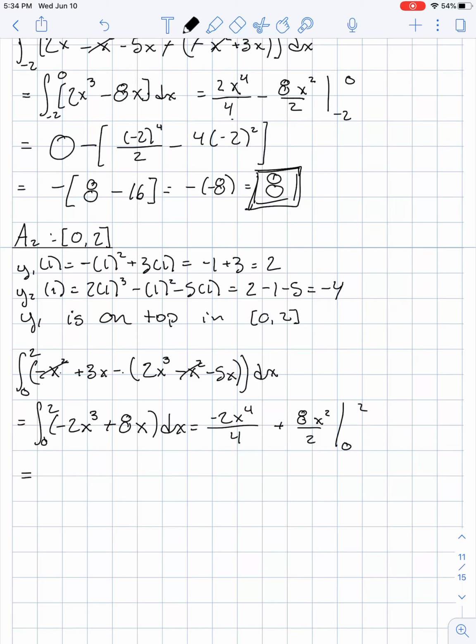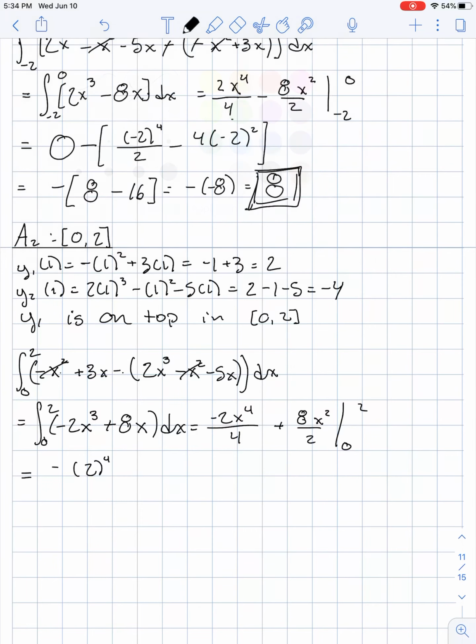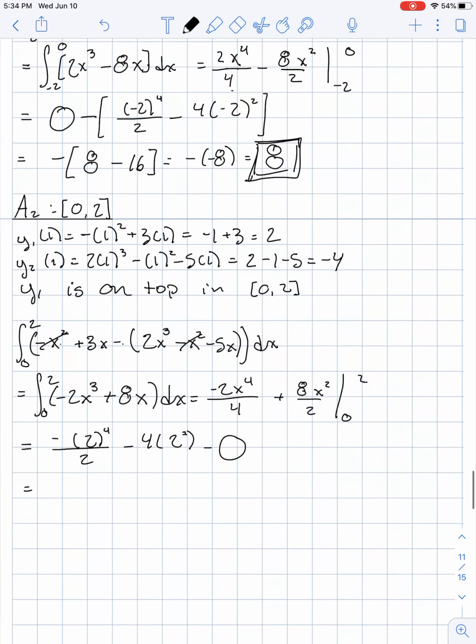So this is going to equal negative 2 to the 4th, or actually we can simplify that. 2 to the 4th over 2 minus 4, 2 squared, minus 0, right?